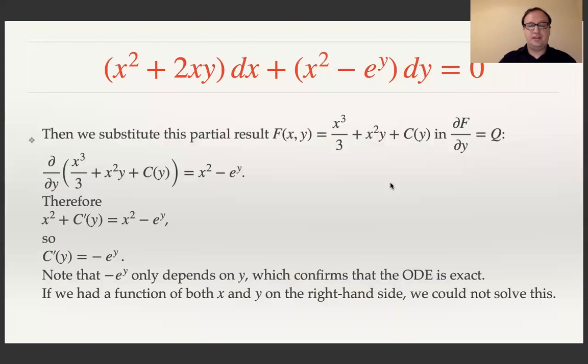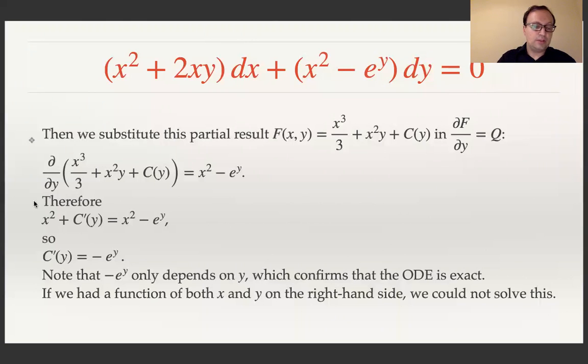So the second equation is partial f over partial y is equal to q, and we have our formula for f already, namely x cubed over 3 plus x squared y plus c of y. So we plug that into the equation instead of f, and we get that partial over partial y of this formula for f is equal to q, which is given, it's x squared minus e to the y.